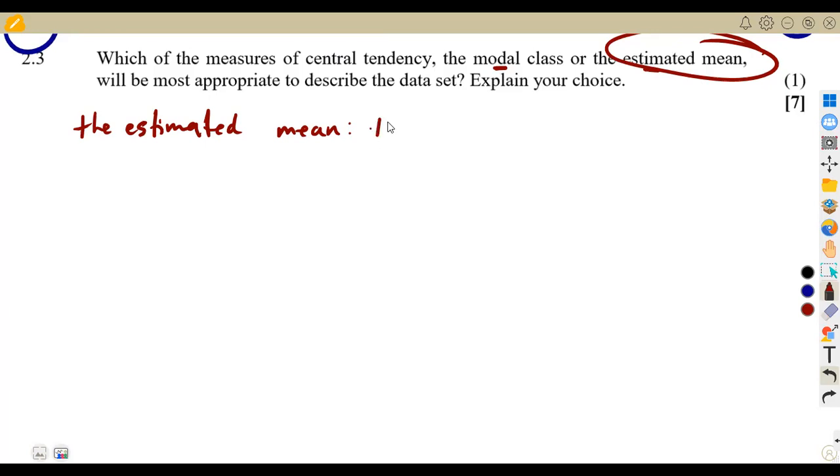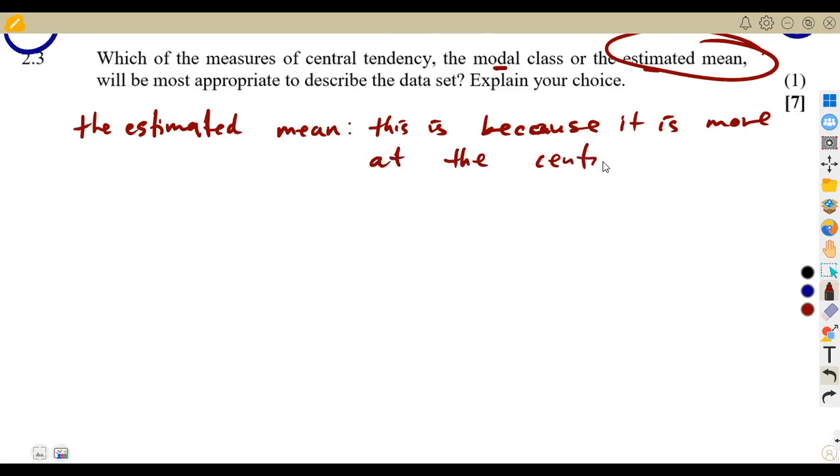This is because it is more at the center of the data set. Okay, so that's it.